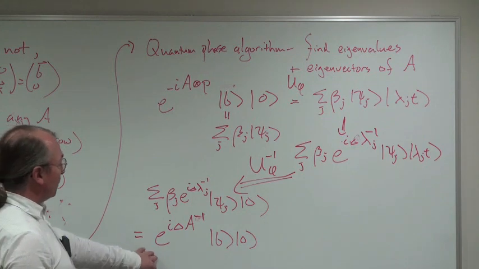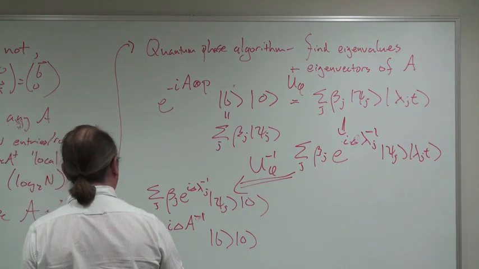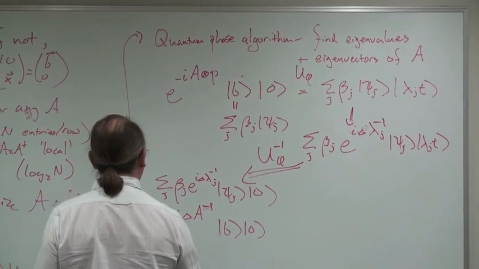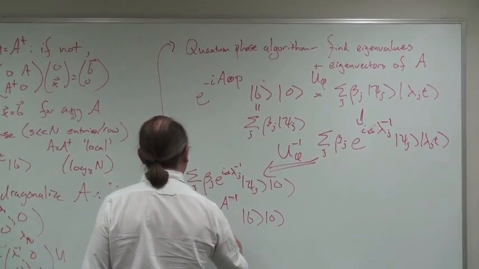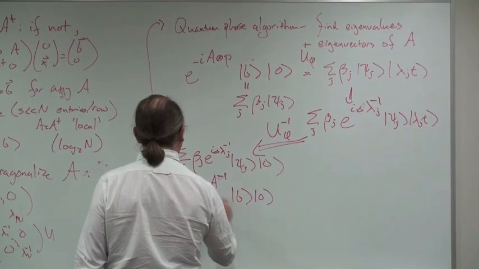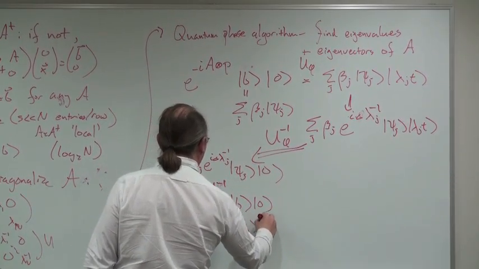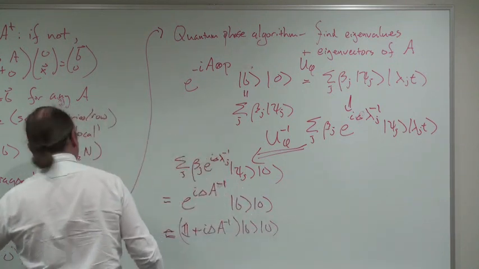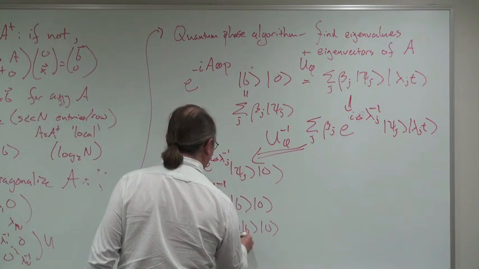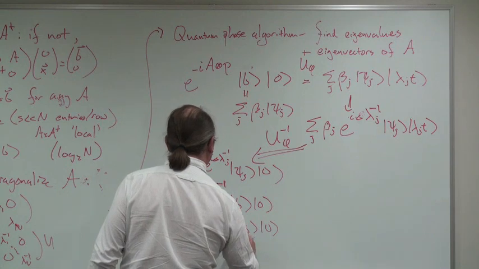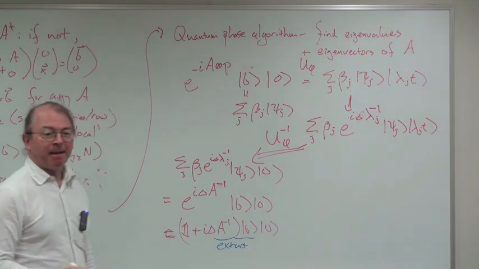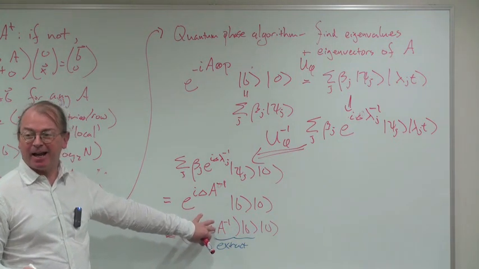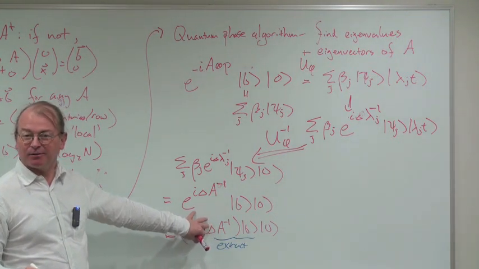So now we're almost there, because the only step left is if we make delta small enough, this is approximately equal to 1 plus i delta A inverse acting on B with 0. But it actually turns out to be not very hard to extract just this part. So delta is small, but some reasonable fraction of the time, you're actually going to get your answer.